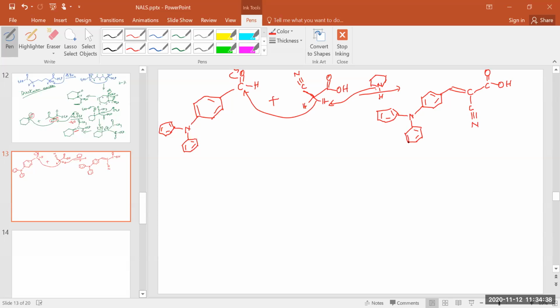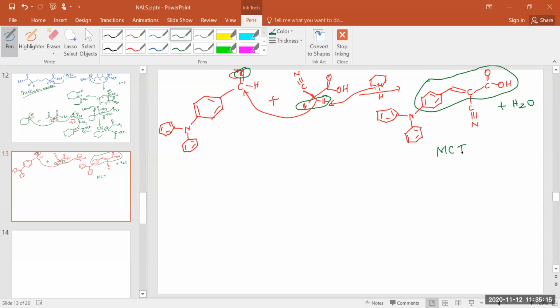You see this one? So overall, just like the last reaction, H2 and O is gone in the form of water. So this molecule is called cyanocinnamate. This structure is found in spices, cinnamon stick. That's why it's called cinnamate. So these molecules are very good anti-cancer agents, and they work on the monocarboxylate transporter.